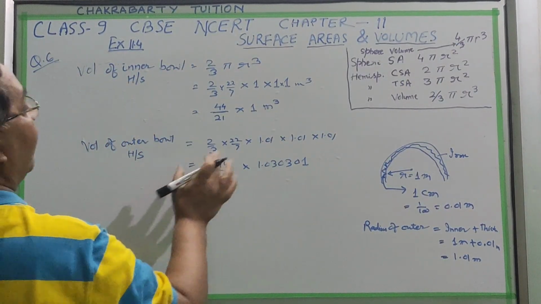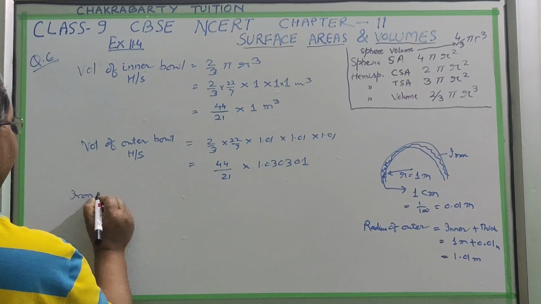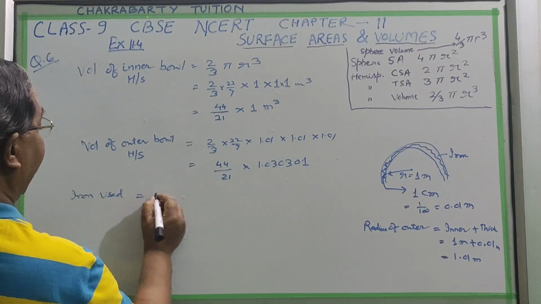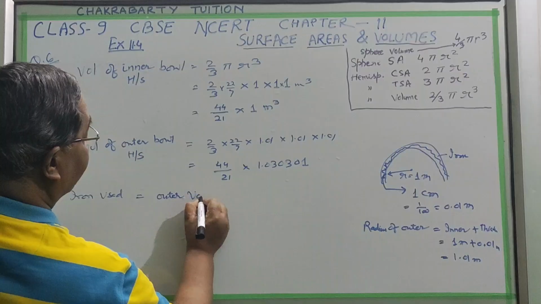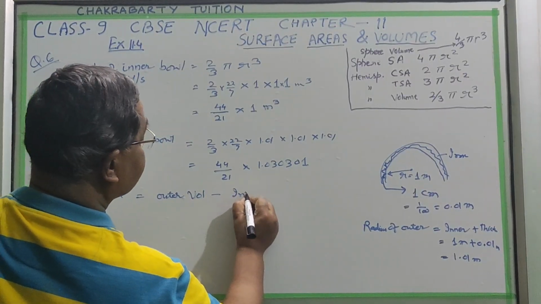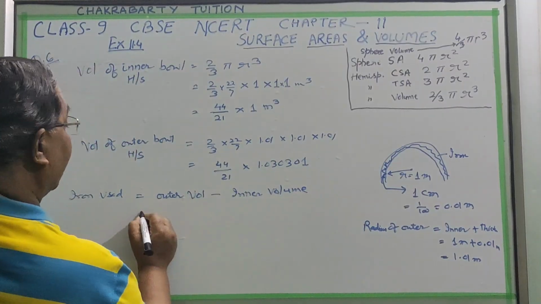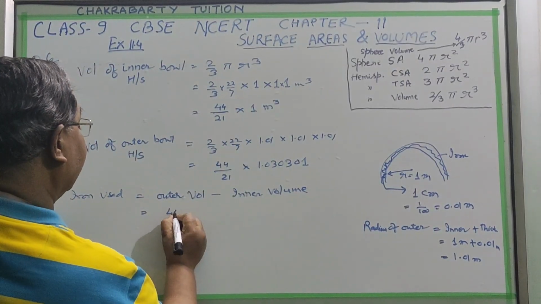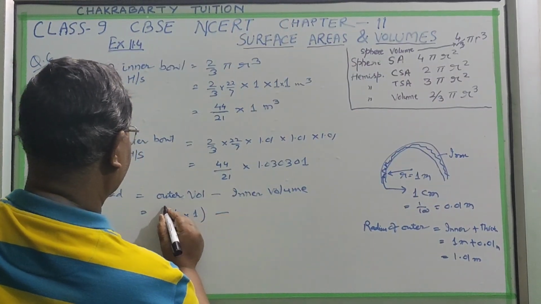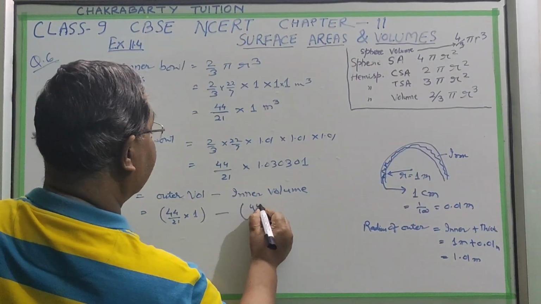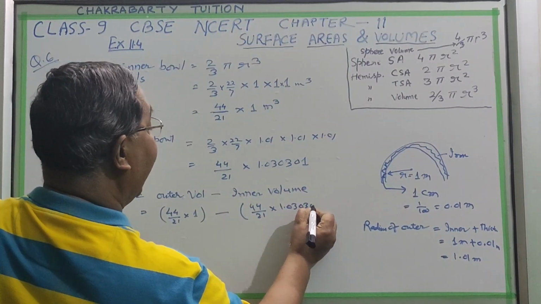Okay, so now the iron used. So iron used will be outer volume minus inner volume. Okay, so outer volume is 44 by 21 into 1.030301, and inner is 44 upon 21 into 1.